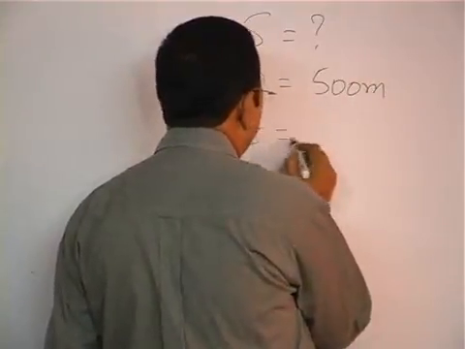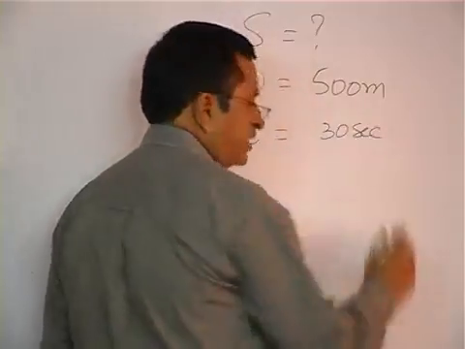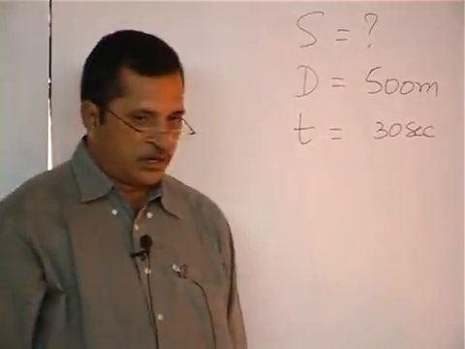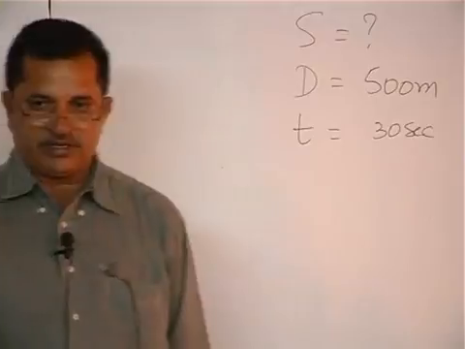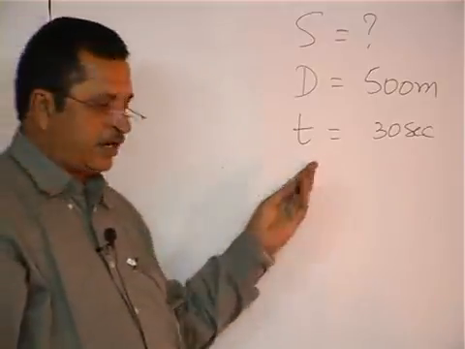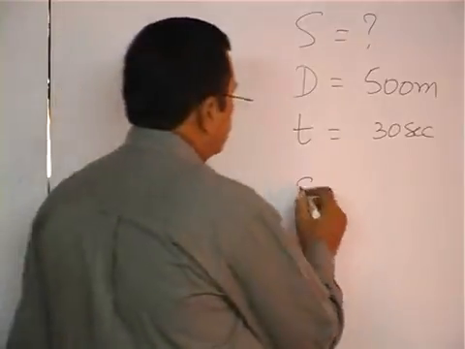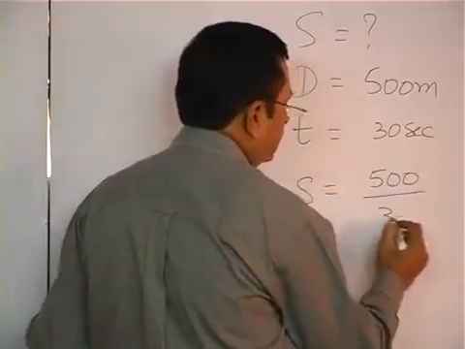In what time they crossed each other means 30 seconds. Total distance is 500 meters. Time is 30 seconds. So speed is equal to 500 by 30.